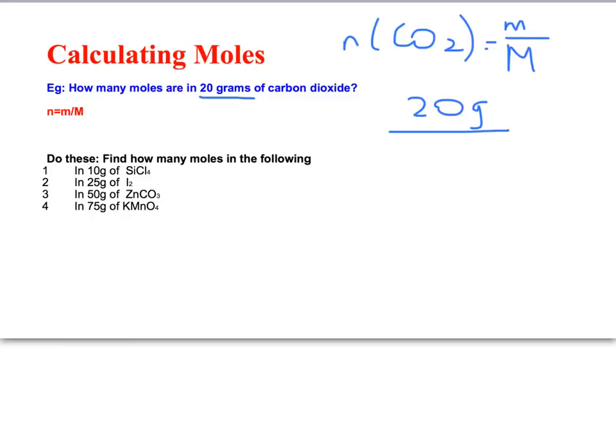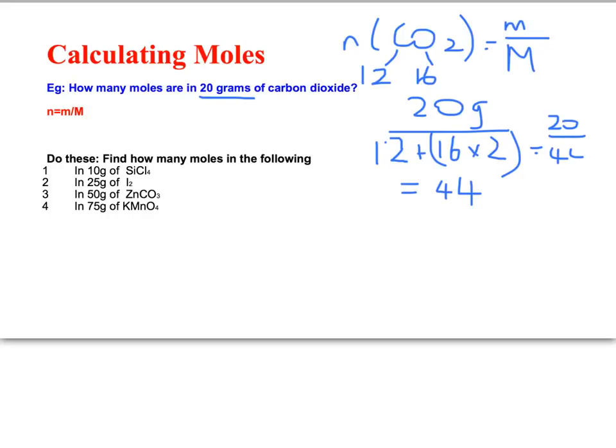So for carbon, if we look at the periodic table, the mass number is 12. For oxygen, it's 16. So because of the formula, we want 12 for the molar mass plus 16 times 2. All up equals 44. So our number of moles is going to be 20 over 44.